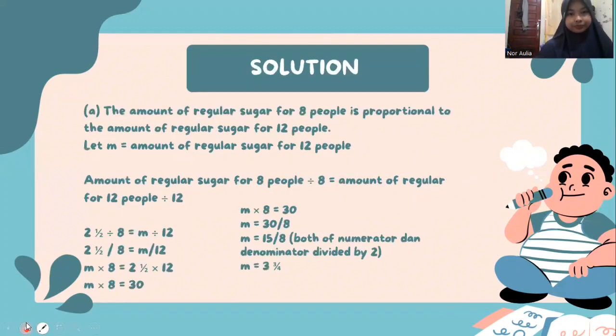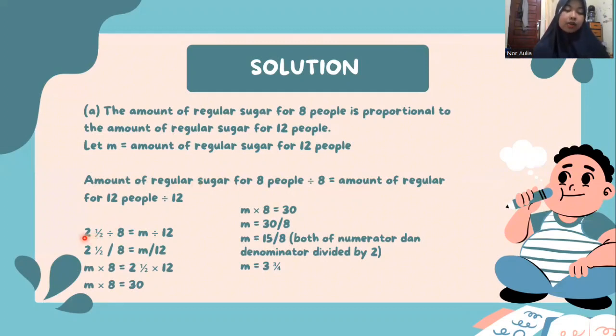The solution: the amount of regular sugar for 8 people is proportional to the amount of regular sugar for 12 people. Let m be the amount of regular sugar for 12 people. Amount for 8 people divided by 8 equals amount for 12 people divided by 12.